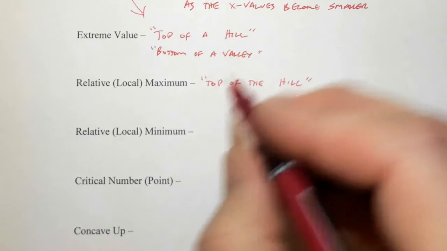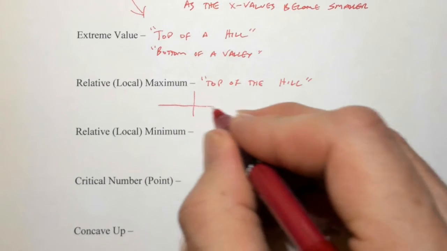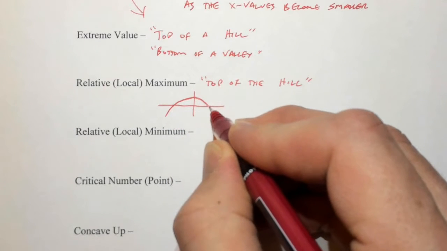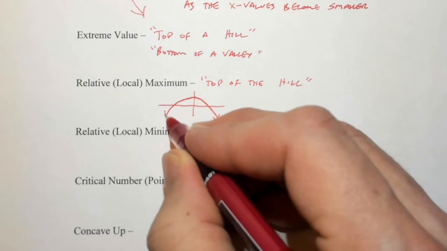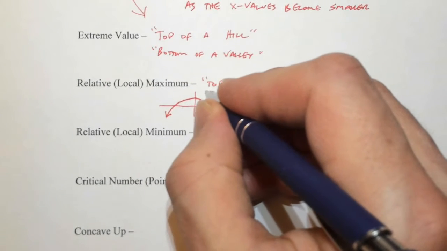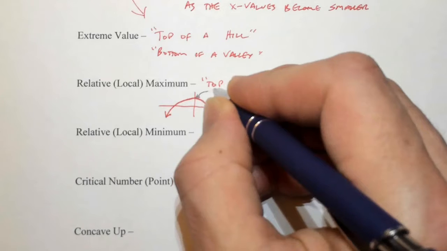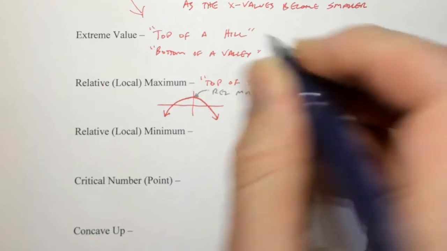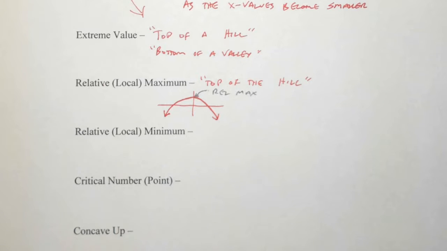So if we're talking about a function which increases and then decreases, the spot where we get the absolute top of the hill, that is our relative max, right at the top.